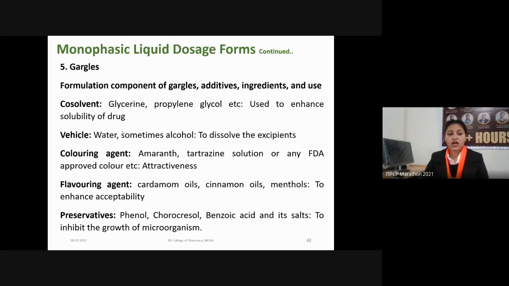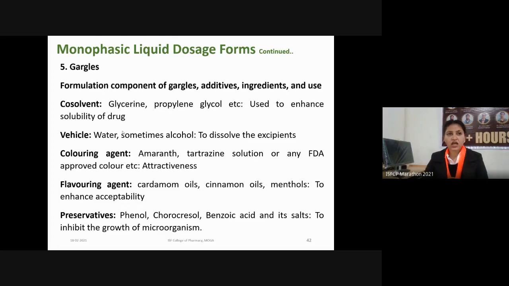Now, the formulation components of gargles: additives, ingredients, and their uses. The core solvents used in the preparation of gargles are glycerin, polyethylene glycol, etc., to enhance the drug's solubility. The vehicles that we use are water, and sometimes we use alcohol also to dissolve the excipients.